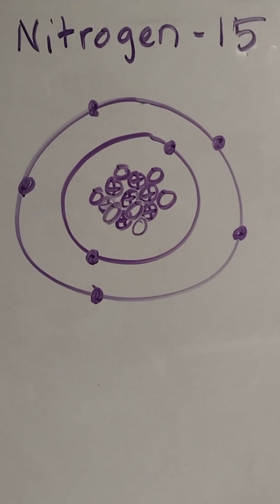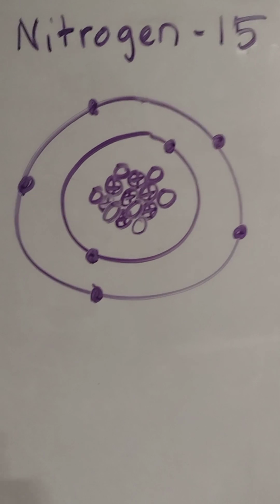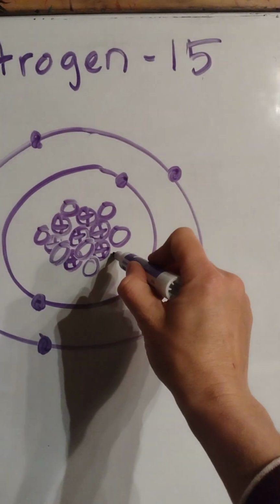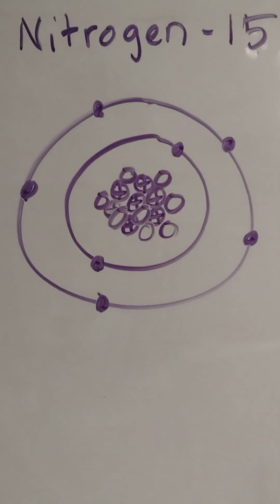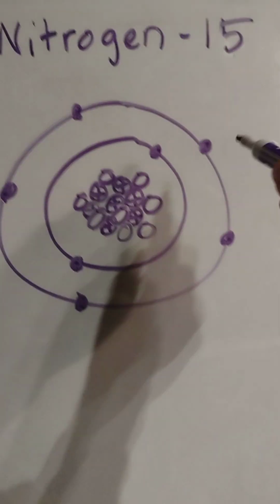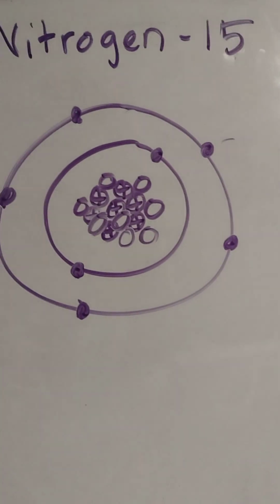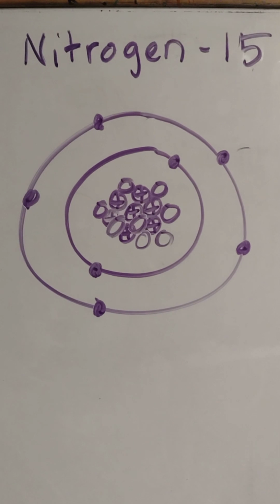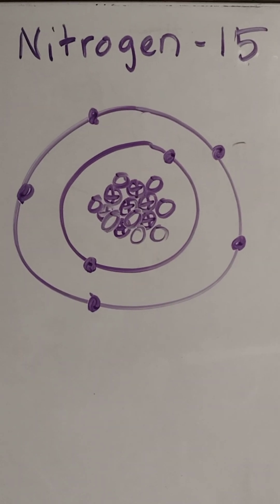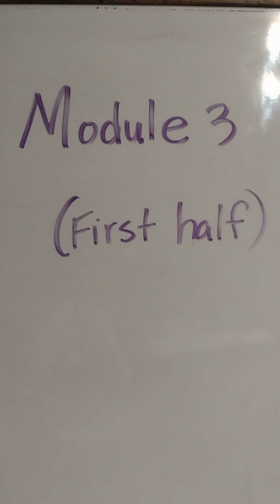So to get that 15, you're actually adding a neutron. It doesn't change the charge at all. You still have the same number of protons, and these guys are negative, same number of electrons. When you build your models, that's what you're going to do. Thanks for learning with me.